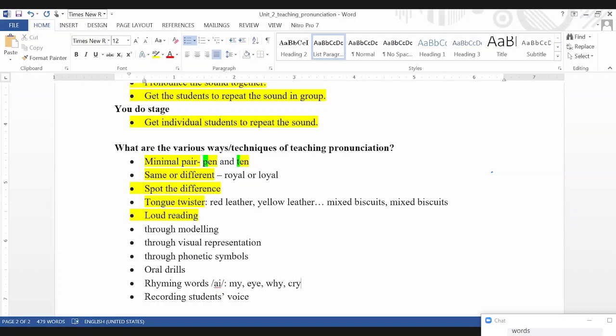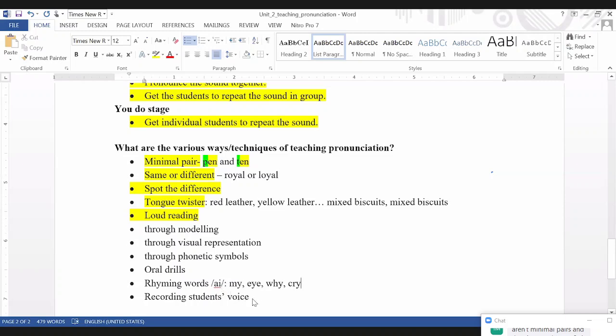So these words we can use to practice this diphthong.